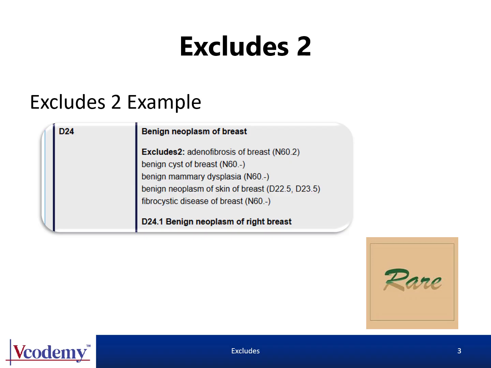So in this example, you can report code D24.1, which is a benign neoplasm of the right breast, with the codes listed in the Excludes 2 note. So in the rare case scenario, when the patient has both these conditions, that is the main term, benign neoplasm of breast D24, and also the terms under the Excludes 2 at the same time, you can report both together.